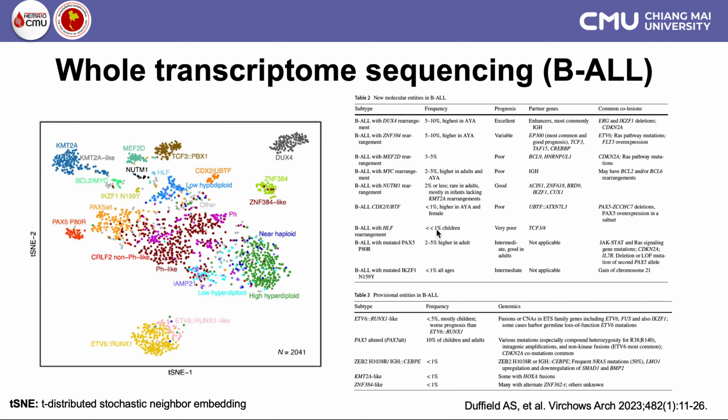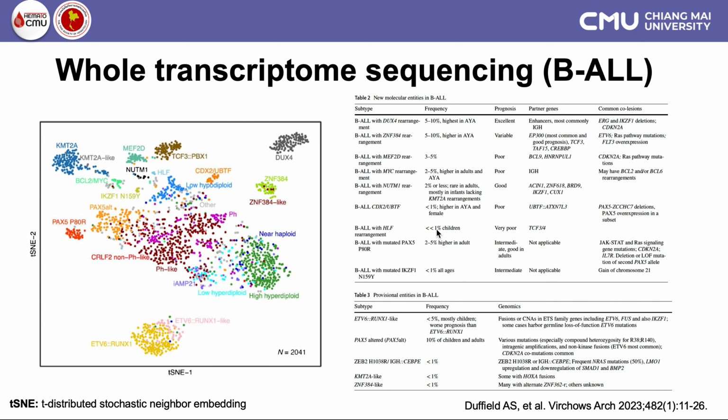Molecular testing is not only essential in AML, but also in ALL. Recently, the advanced technology of NGS using whole transcriptome sequencing in ALL can define molecular entities with gene rearrangements that represent specific groups with different prognosis.